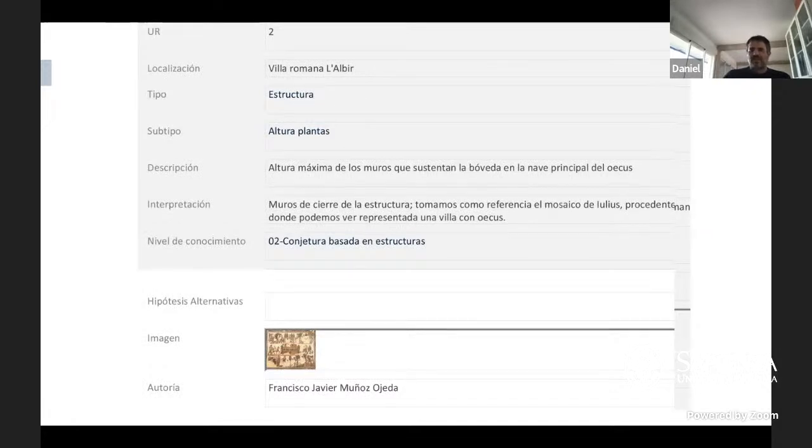So first of all, we have segmented all the different data from field survey, digital photogrammetry, GIS, and so on, drawings, photographs, scientific papers, and any other reference available.